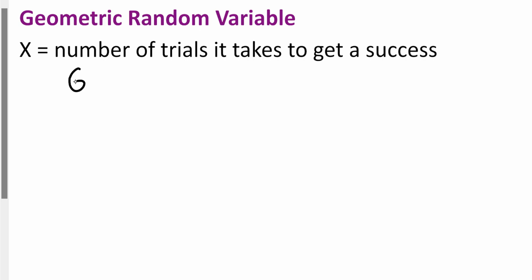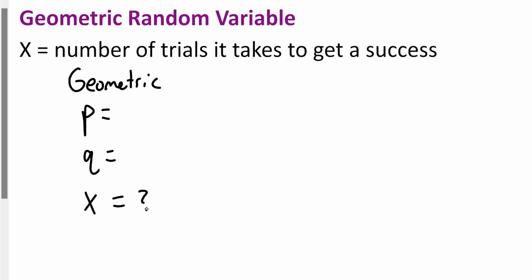I'm going to state that it's geometric, and I'm going to state what P is, what Q is, and what X is. If we're looking for a specific, like within a certain number of trials, or specifically at the sixth time, we want to know the probability of getting success.